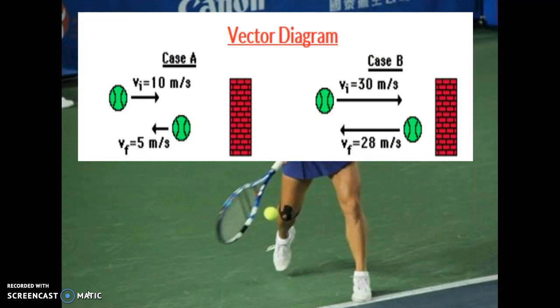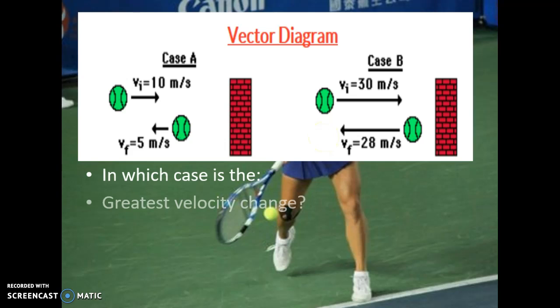So for example, on the left we have a diagram, case A, where the initial velocity is 10 meters per second and the final velocity is 5 meters per second in the opposite direction. And in B, you've got 30 going to 28, so going right and then left. The question is, in which case is the greatest velocity change?